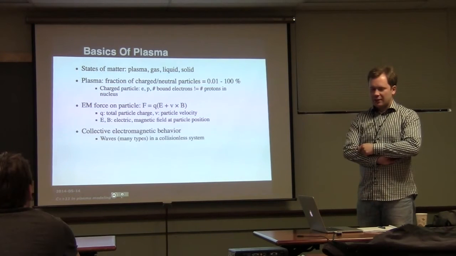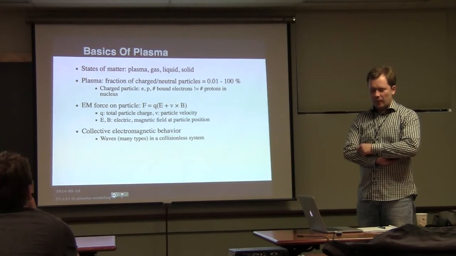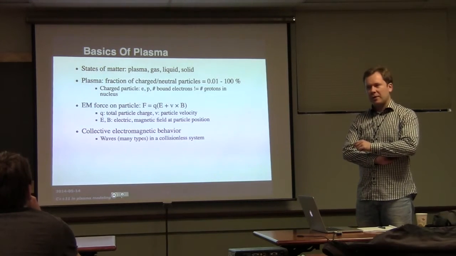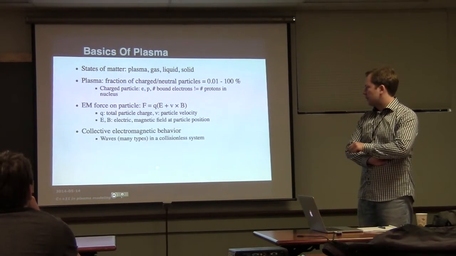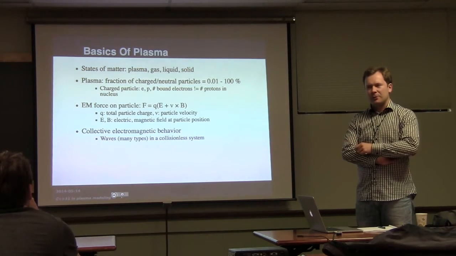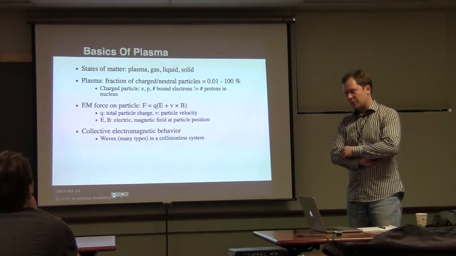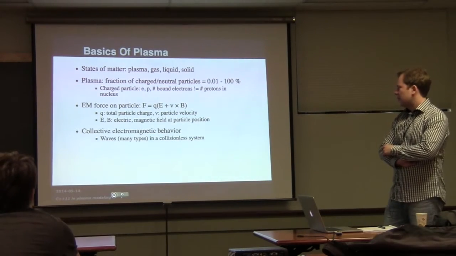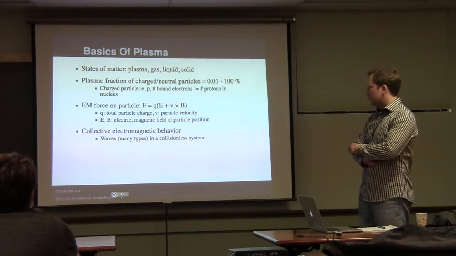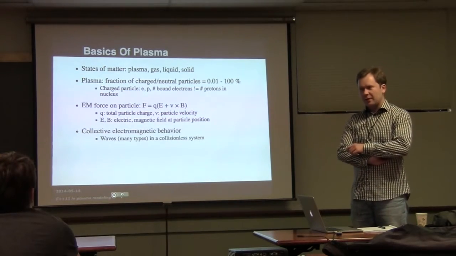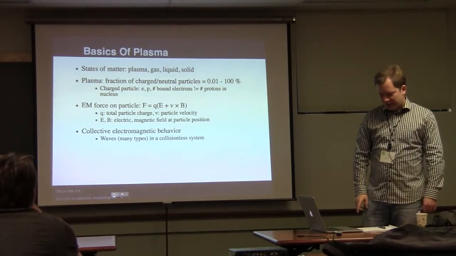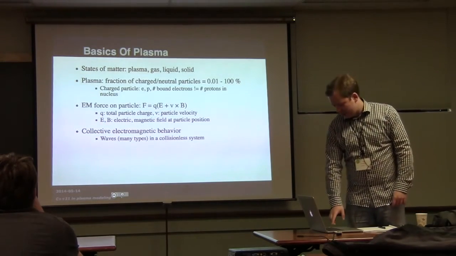But nevertheless, there are all kinds of interactions between the waves and the particles, and also there are many types of waves instead of, for example, just the acoustic wave in neutral gas or a liquid. Even in magnetohydrodynamic theory there are 3 different wave types, and when you go to more complicated theories of plasma, you get more waves also.